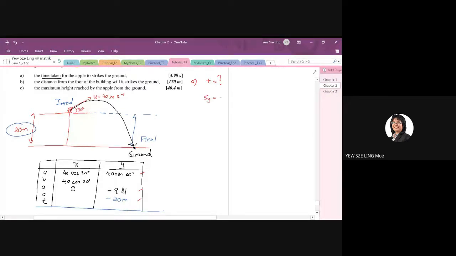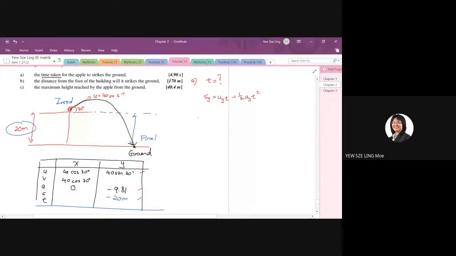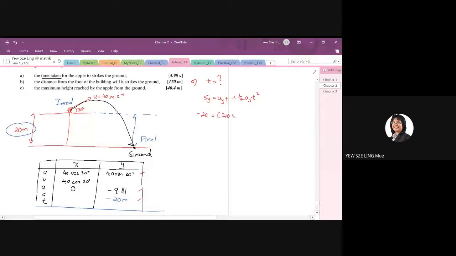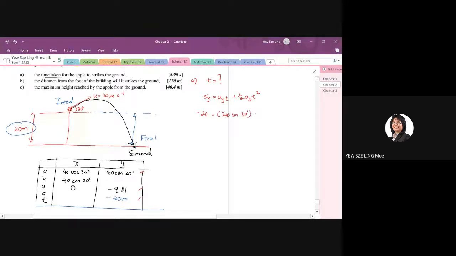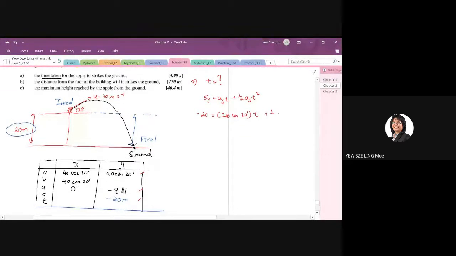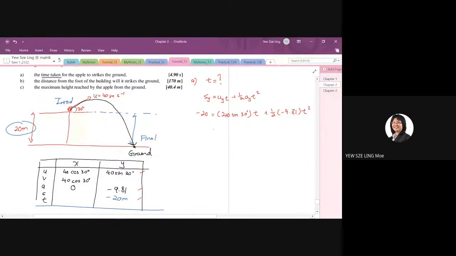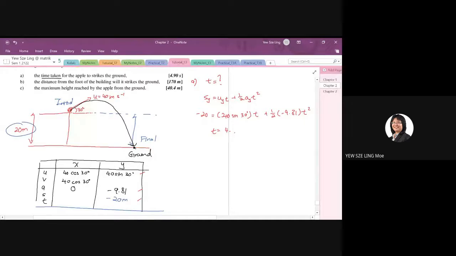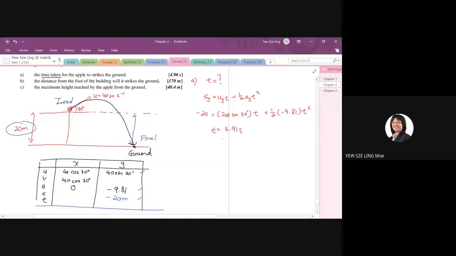Sy equals Uy t plus 1 over 2 Ay t squared. Negative 20 equals 40 sin 30 degree t plus 1 over 2 times negative 9.81 t squared. Rearrange the equation and you will get t equals 4.91 second.